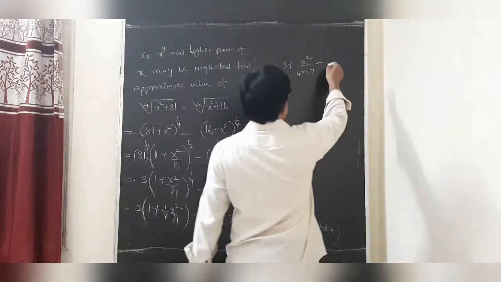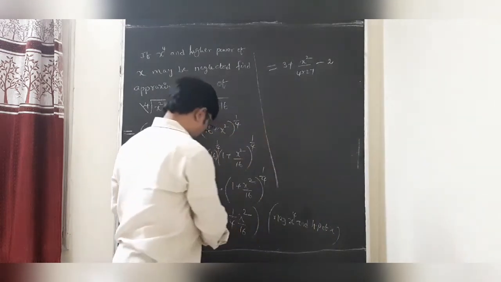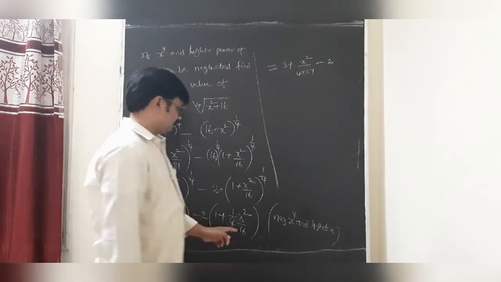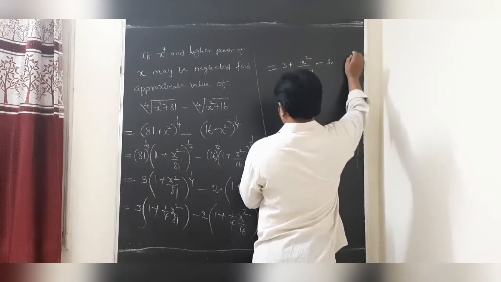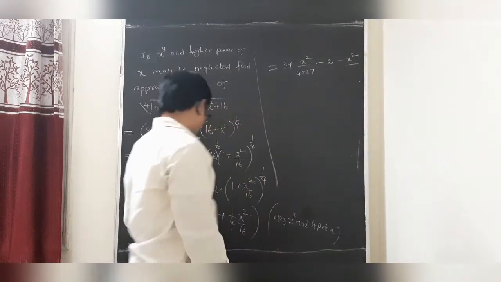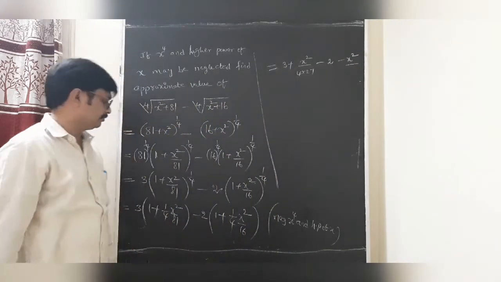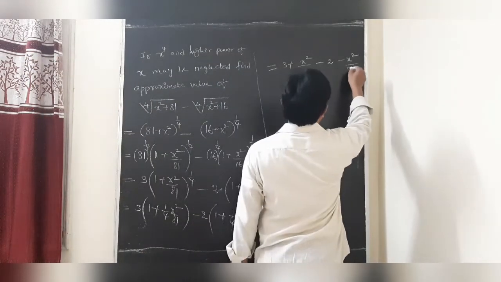This is 2 ones are 2. Therefore, 2 ones are 2, twos are x square by... minus x square by 32. That is 32.